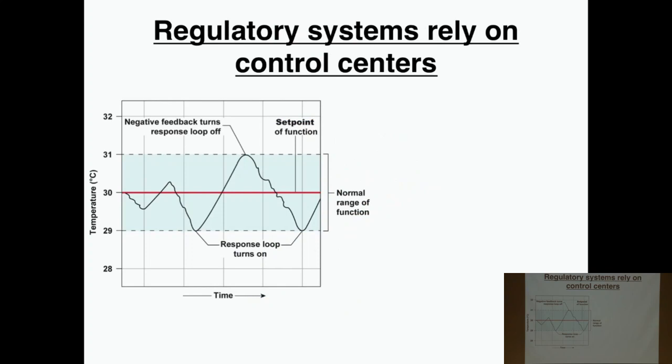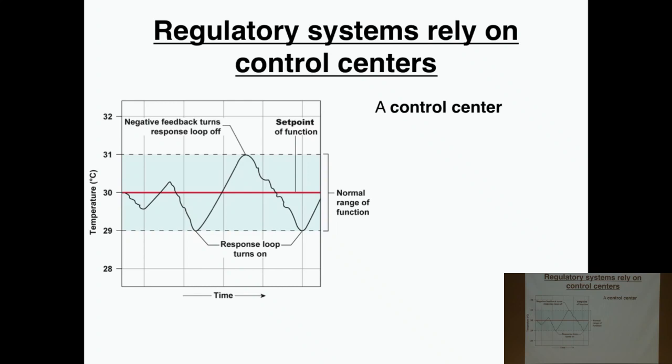So let's take another look at how this can all work out, focusing on a regulatory system and thinking about the role of the control center. So you can think of the control center really as the site of integration of feedback information and the response. So here what we have is an example where we're looking at a particular variable, so temperature.